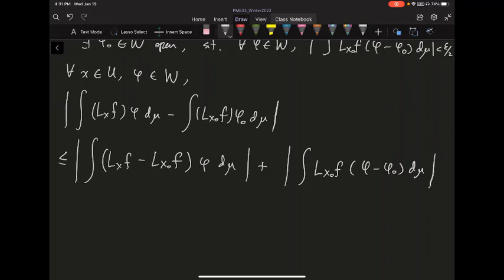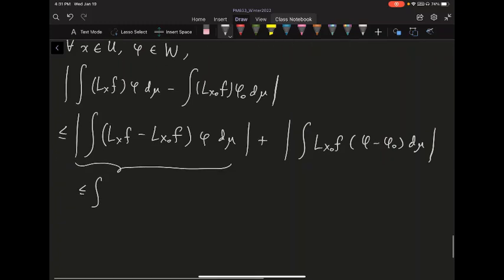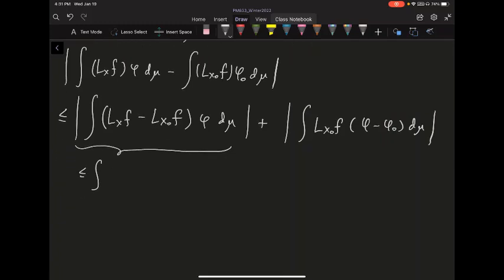The first integral is going to be less than or equal to the integral of the absolute value. Because phi is a character, the norm of phi is always 1, in the unit circle. So you just end up with the integral of the absolute value of Lx f minus Lx0 f d mu.